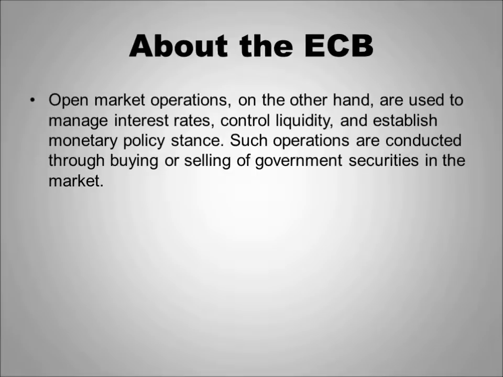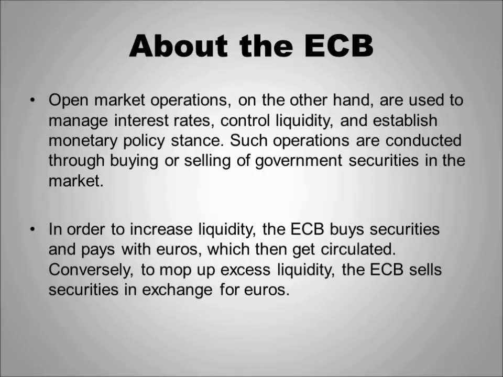Also, in order to increase liquidity, the European Central Bank buys securities and pays with euros, which then gets circulated. Conversely, to mop up excess liquidity, the European Central Bank sells securities in exchange for euros. So again, this creates a demand for euros, which also creates a lot of volatility in the Forex market.